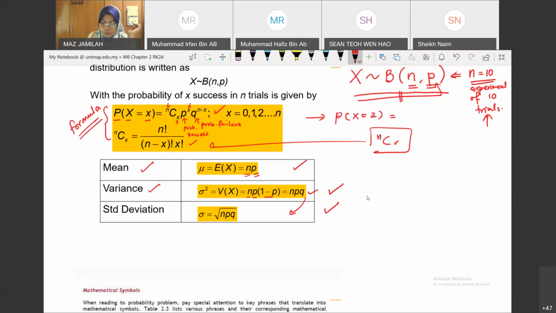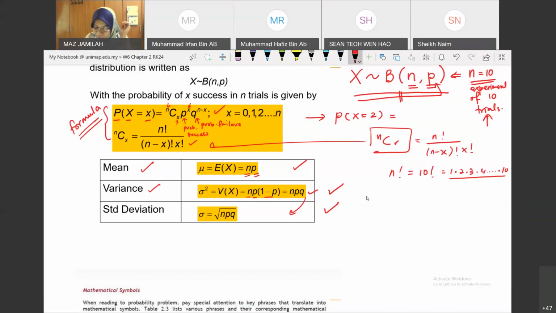Find n factorial divided by n minus x factorial times x factorial. So n factorial means that if we are talking about 10 factorial, you will have 1 multiplied with 2 multiplied with 3, 4, until 10.